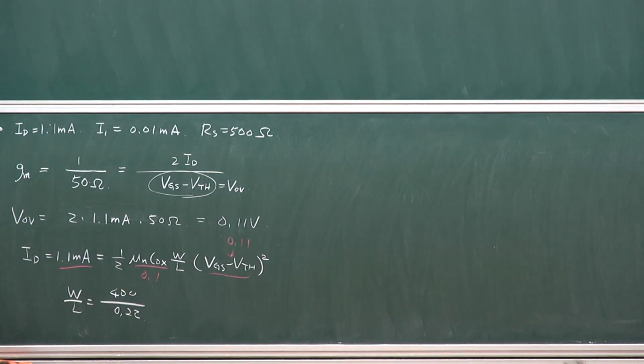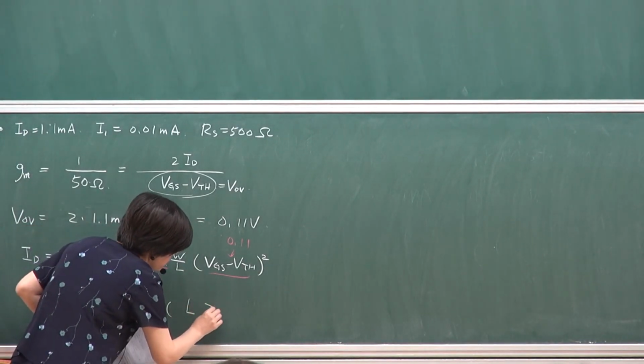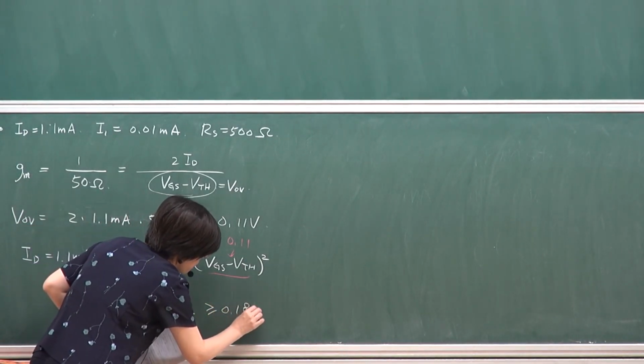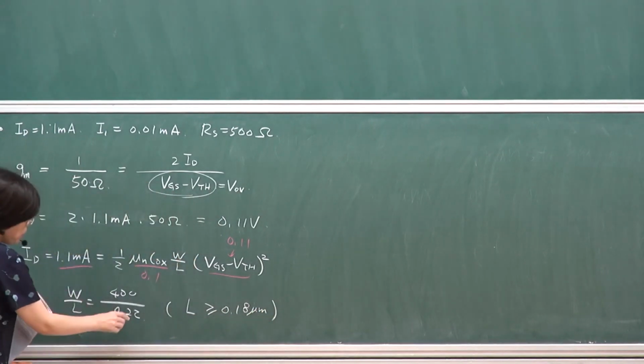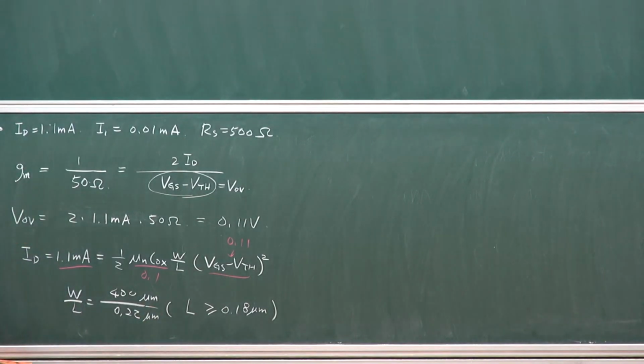The reason why you can use different values now is that you want to make sure your length has to be larger than 0.18 because we're using 0.18 technology. 1.8 volt simply implies that you're using 0.18 technology, so your L must be larger than that. The unit is micron.